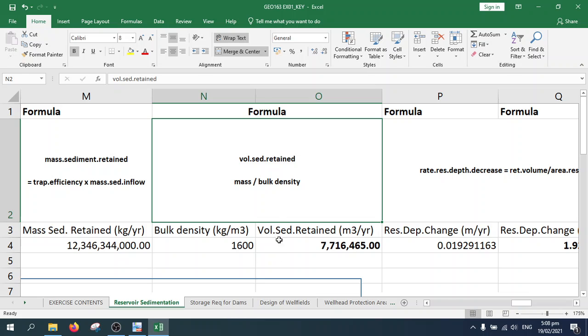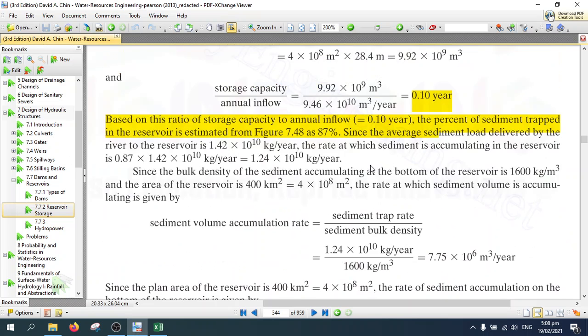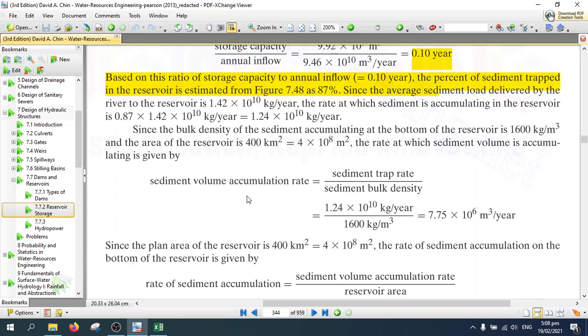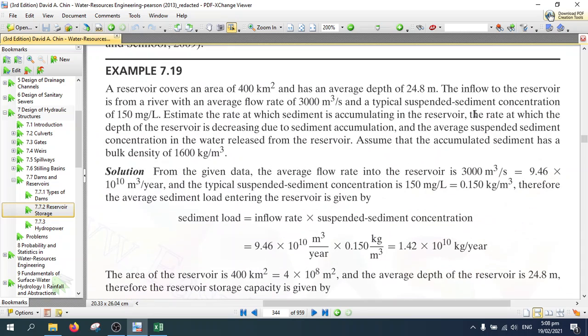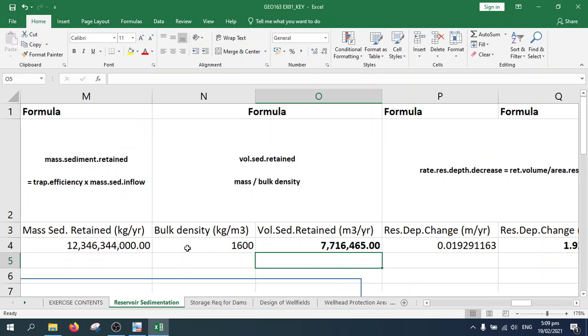Now, the problem is asking for a volume, but note that the exercise actually provided a bulk density for the accumulated sediment. So it says here that let's just assume that the accumulated sediment has a bulk density of 1,600 kilograms per cubic meter. So from the mass here, we can convert that into volume.